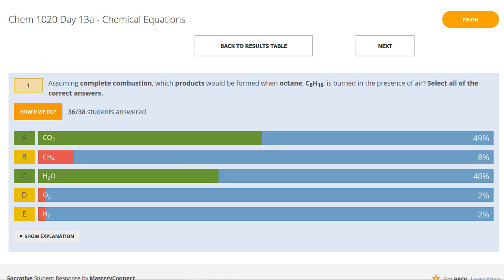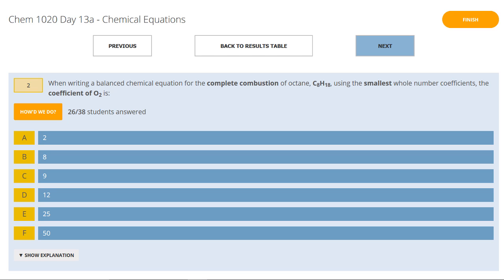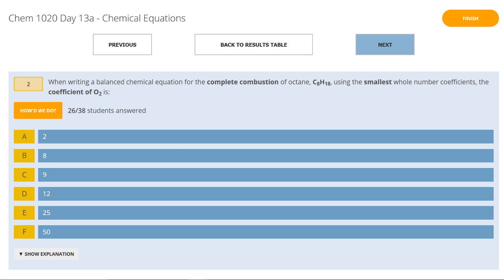All right, next up. When writing a balanced chemical equation for the complete combustion of octane, the smallest whole number coefficient of the O2, the correct answer is 25. Looks like we need to go through this one. Next up.